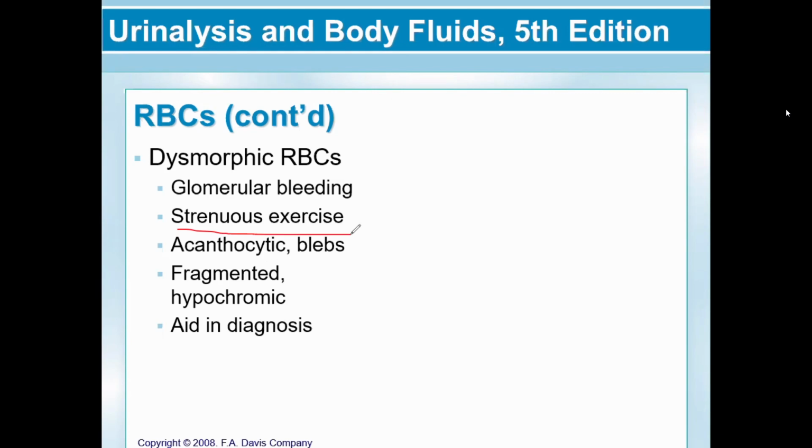Okay? Minsan, we can see acanthocytic blebs. Yung mga red blood cells natin, may parang mga protrusions sila. Okay? So, pwedeng pathologic yung cause niyan or pwedeng normal. So, pwedeng due to strenuous exercise or due to glomerular bleeding.